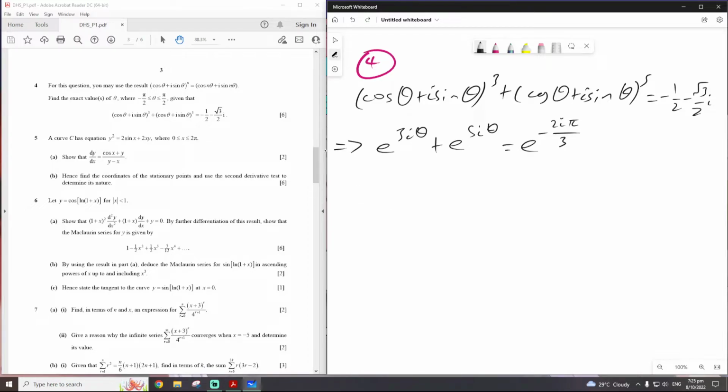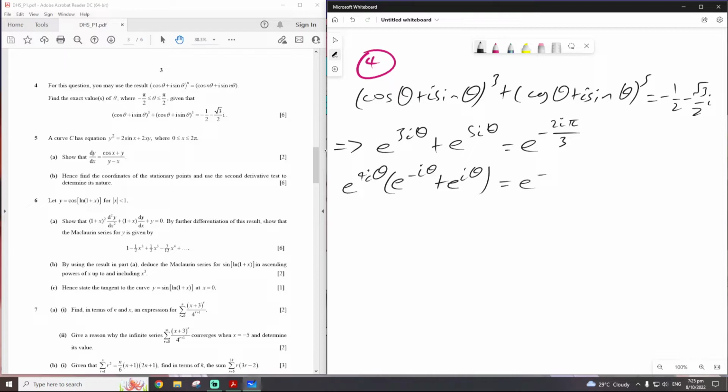So what I'm actually going to do now is pull out an e^(4i theta). Alright, I'm going to factor out an e^(4i theta), and you'll see why in a minute. So this is e^(-i theta) + e^(i theta). So it's the sum of a complex number and the conjugate.